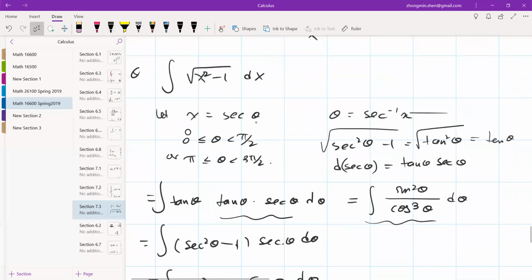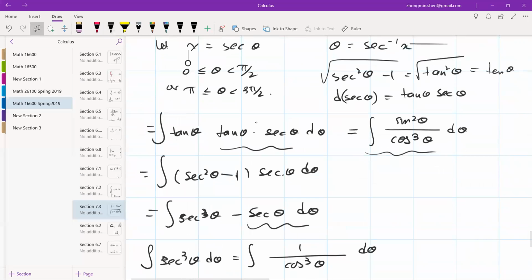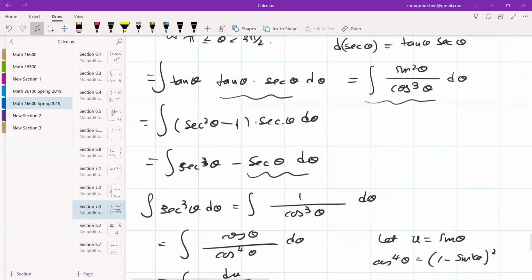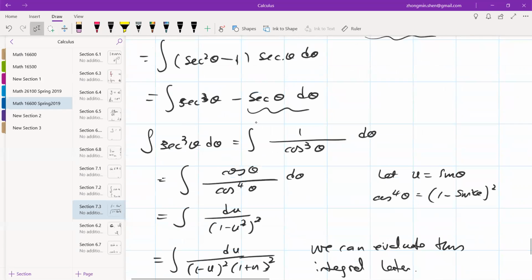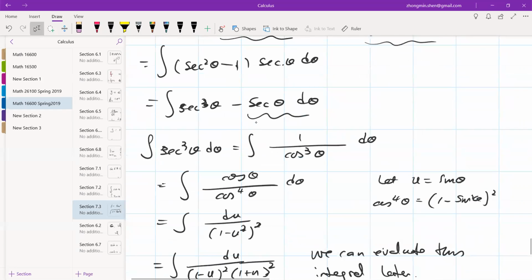I thought this was simple. It's not in the denominator, so I can use substitution and eventually evaluate. But you end up with secant cubed theta, right? I don't think there's a simple way to get it. And if you have secant cubed theta, you have to use the same trick. You end up with a function like that.